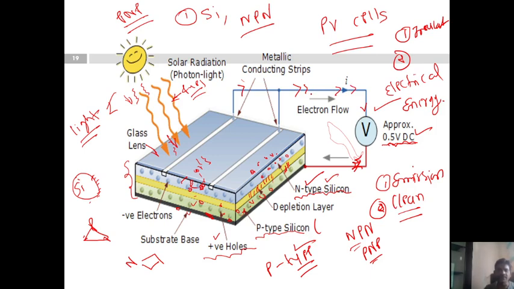We know the electrons freed by the interaction of sunlight with the semiconductor material create an electron flow as the free electrons move around an external circuit. The generation of electrical power requires both voltage and current.